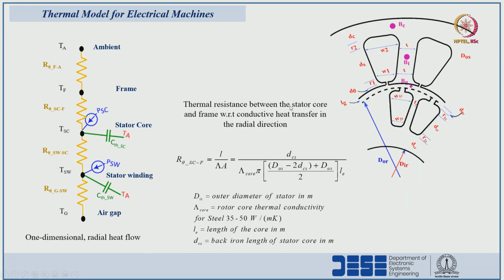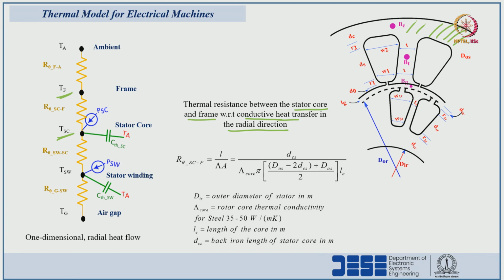Next, the thermal resistance from stator core to frame in the conductive heat transfer method and radial direction, that is this one, the thermal resistance between stator core and frame.